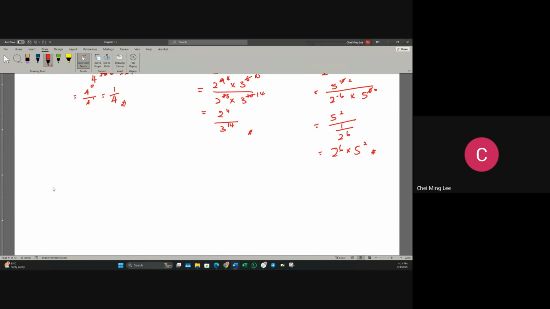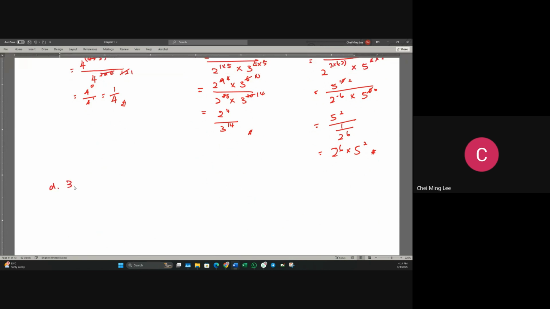It's like 3m squared and 4 times mn cubed negative 2, divided by 9m cubed and 5. So first we multiply 4 by mn cubed negative 2.